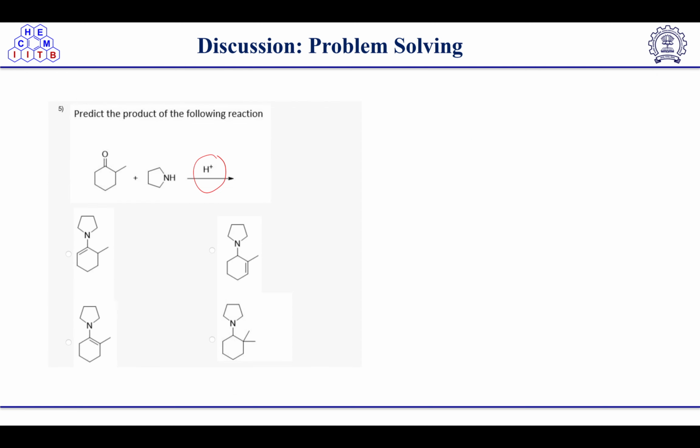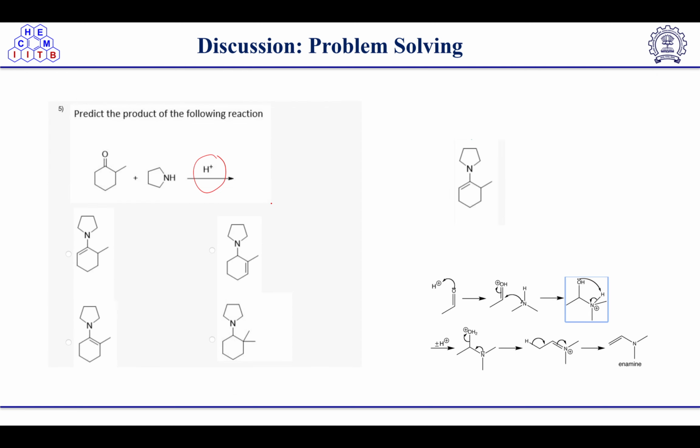So here we will see the mechanism. Because today we haven't discussed the acidic reaction, that's why I am giving a full mechanism here. Whenever we have an acidic condition, just protonate the carbonyl oxygen. Okay, you just have to protonate it.